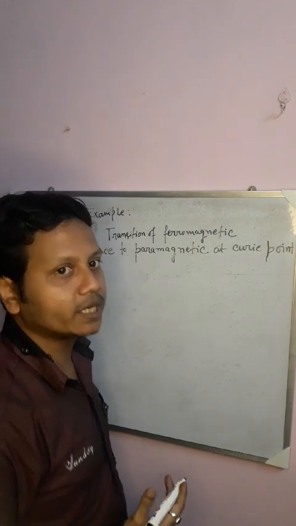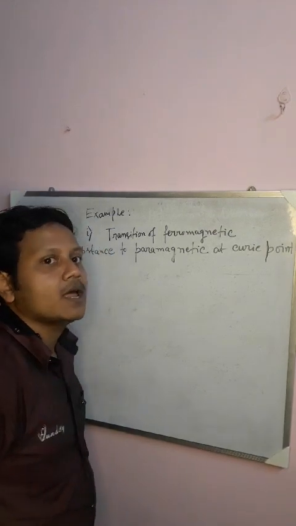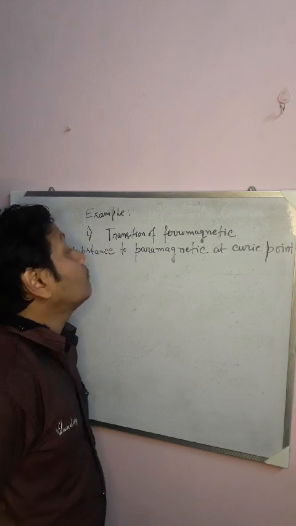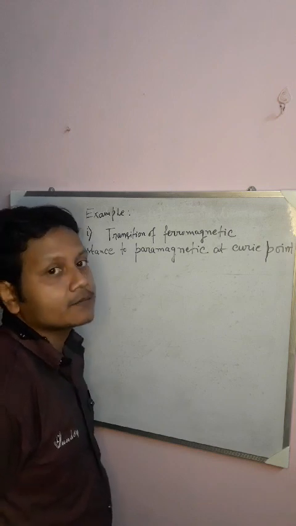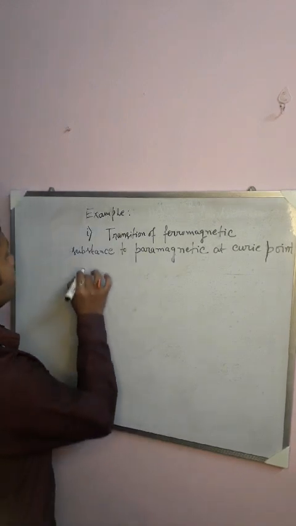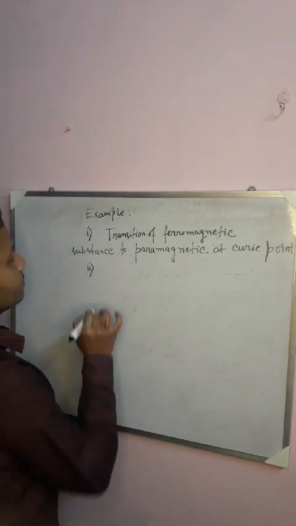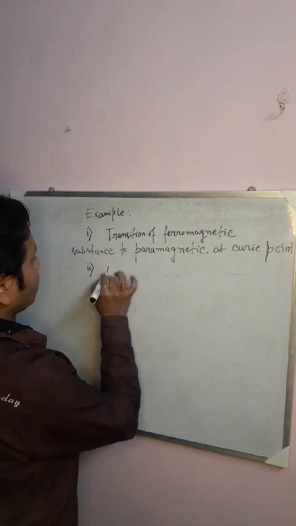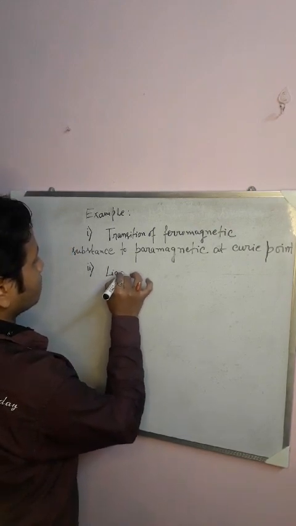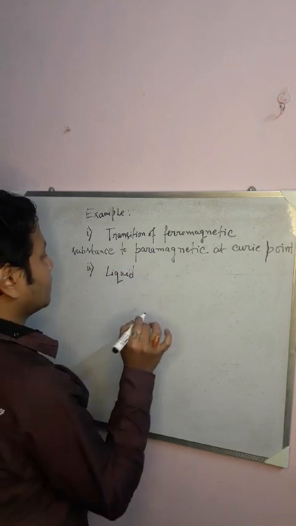We know that the Curie temperature is the temperature at which a ferromagnetic substance becomes paramagnetic. Now let us take another example, that is the conversion of liquid helium 1 into helium 2 at the lambda point. We will study it later.